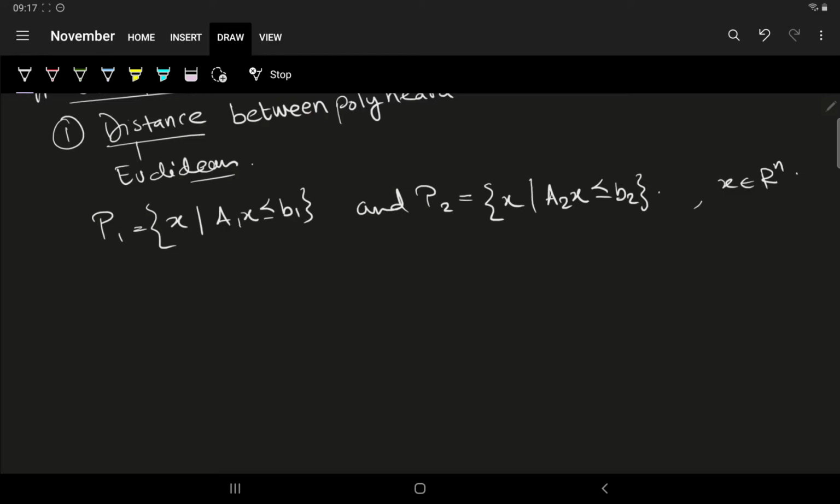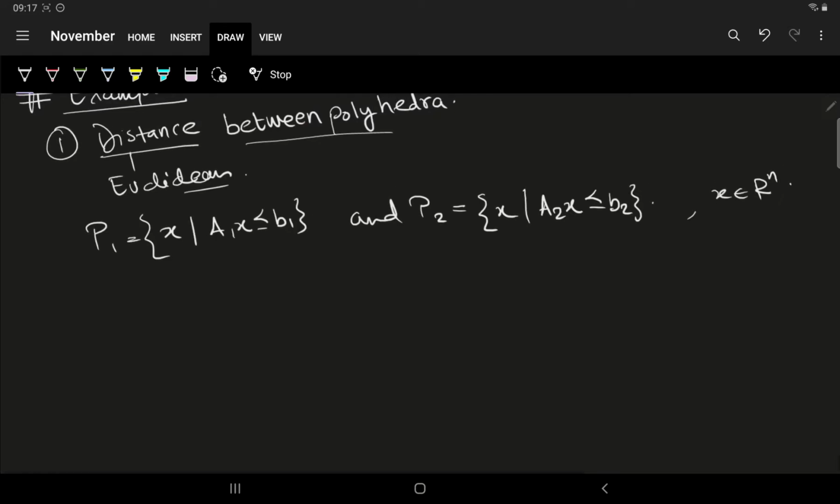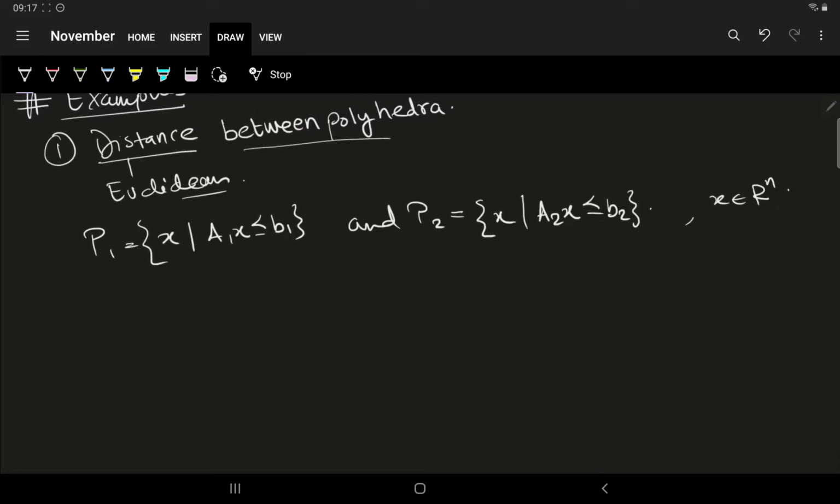So we have to minimize the distance between the polyhedra. So the distance of P1 and P2 is the infimum of the distance between x1 and x2, where x1 is the optimal point for P1 and x2 is for P2.